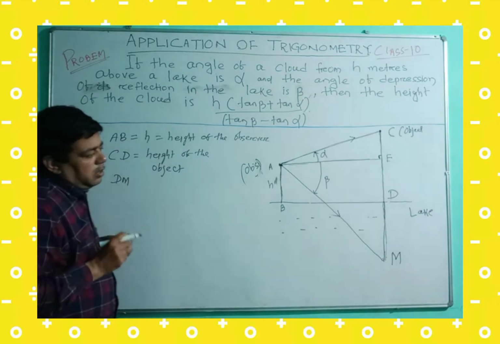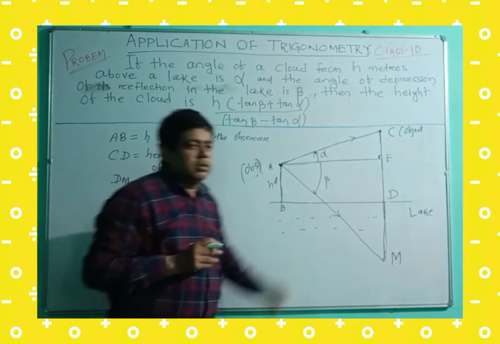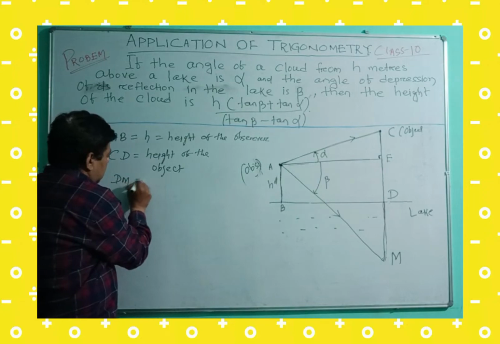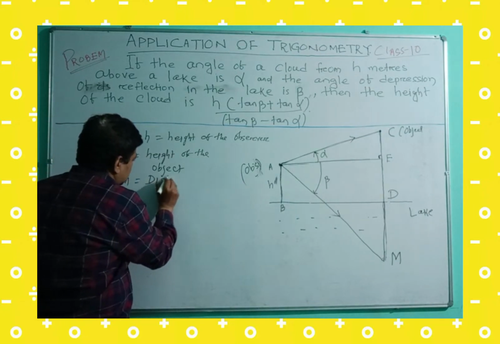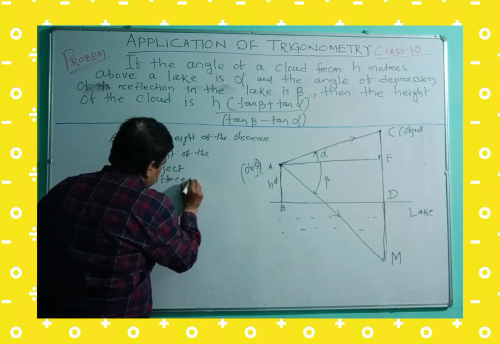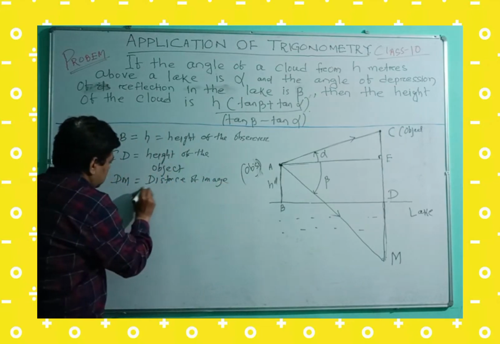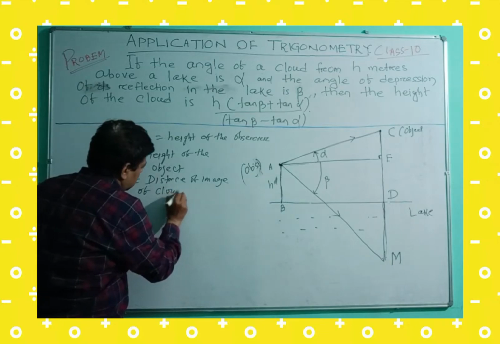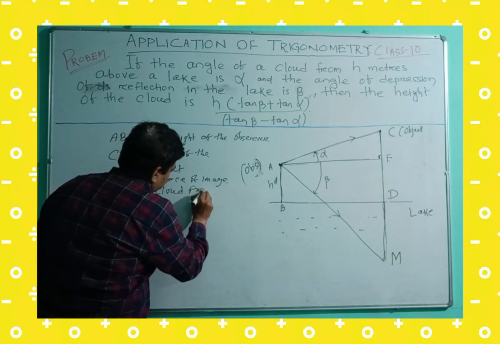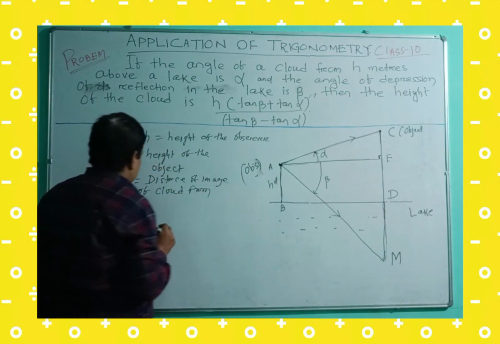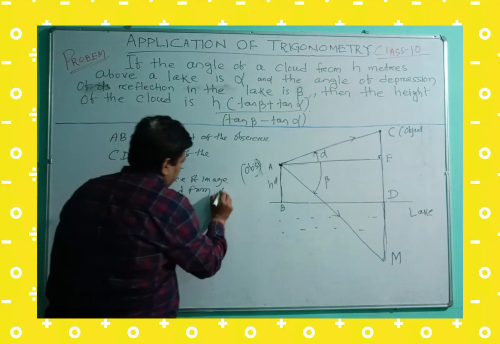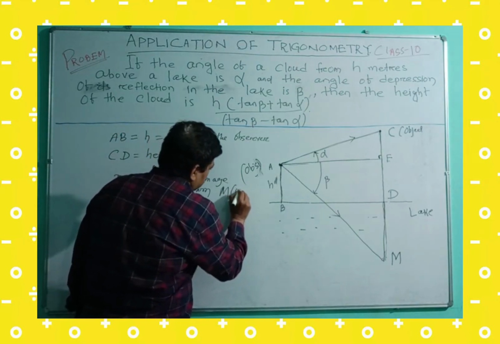DM is the distance of the image of the cloud, due to reflection, from the lake. Here M is the image, right?